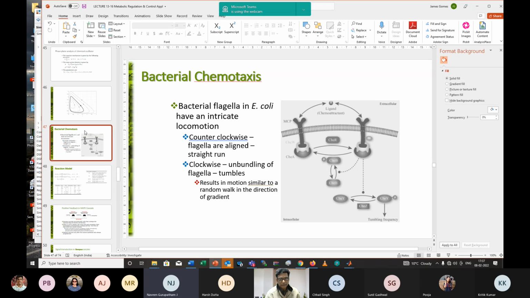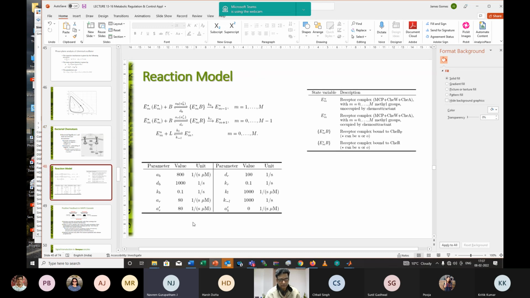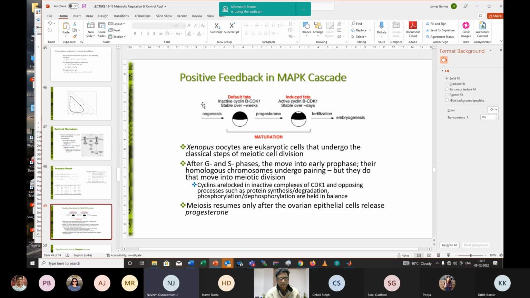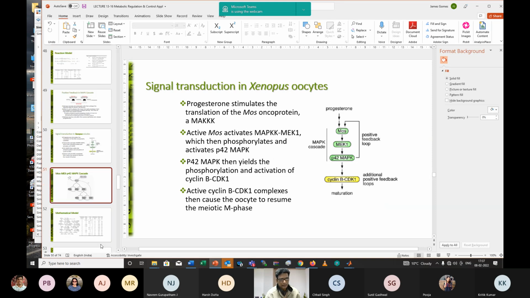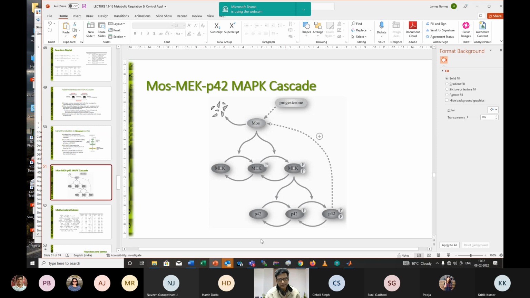Okay. So there are more. I've got lots of these examples. You can look at bacterial chemostasis. That's one model, which could itself be quite a lot of work to do. Then there's another one on the MAPK cascade, and so there is this basic structure that comes up from the signal transduction in xenopus oocytes, and how that starts giving you a cycle like this.